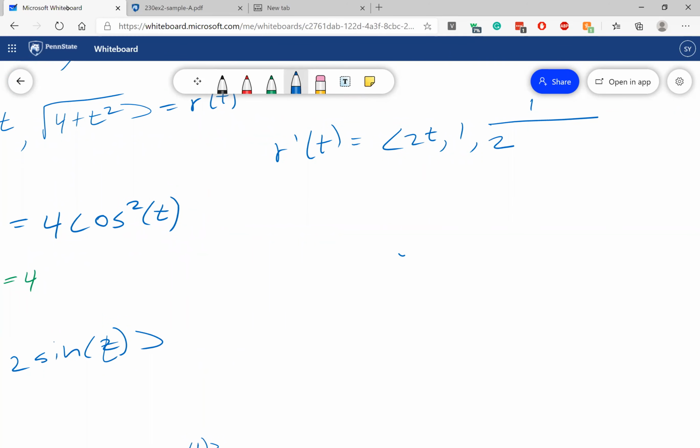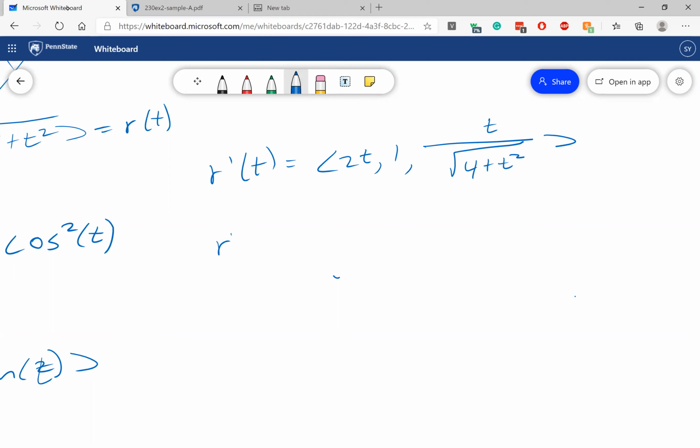The twos can cancel. And then r prime of 0 should be equal to (0, 1, 0).